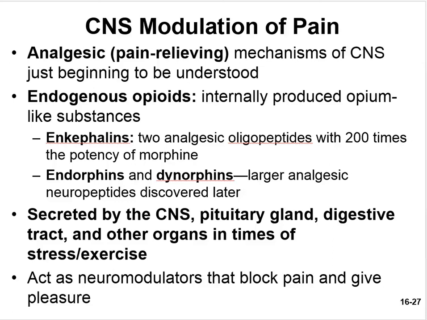They're secreted by the central nervous system, the pituitary gland, even the digestive tract, and other organs in times of stress and in exercise, and can act as neuromodulators that block pain and then give pleasure. This could be one of the explanations for what runners call their runner's high, or what they get when they get their second wind.